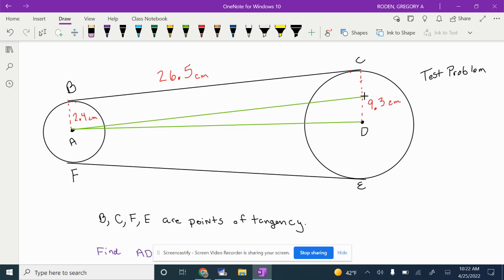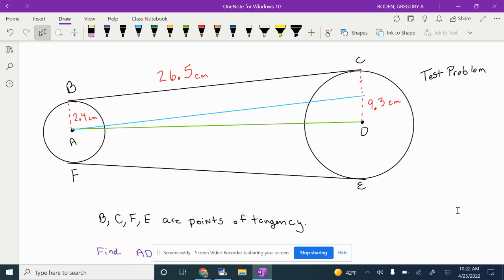That looks pretty parallel. I'm going to make that line blue, by the way. So I just constructed a parallel line between A and the radius of the big circle. You guys understand that?